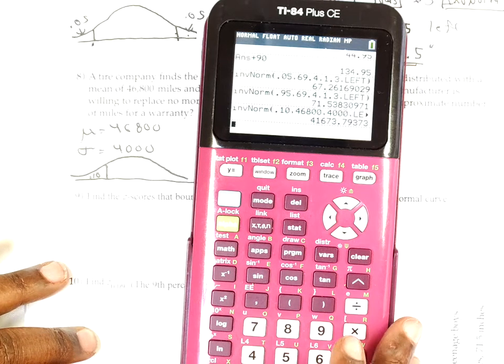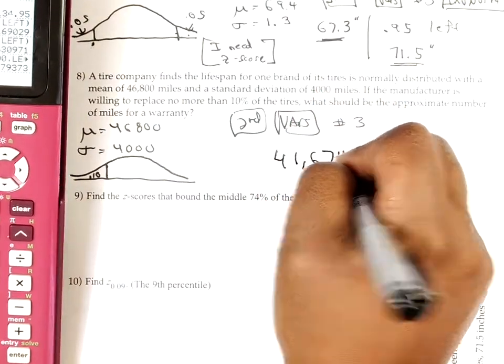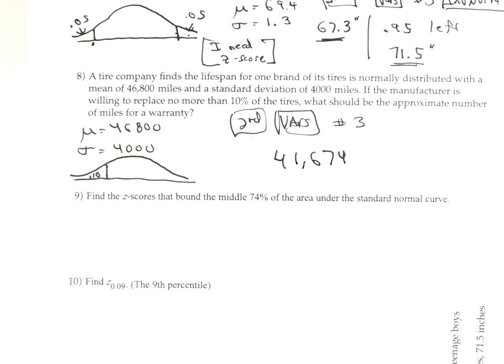So I got 41,674. So they would put out their warranty that they're going to guarantee that they last at least 41,674 miles, which they probably would round to a nicer whole number. And then they are guaranteed that they won't be replacing more than 10% of the tires out there.